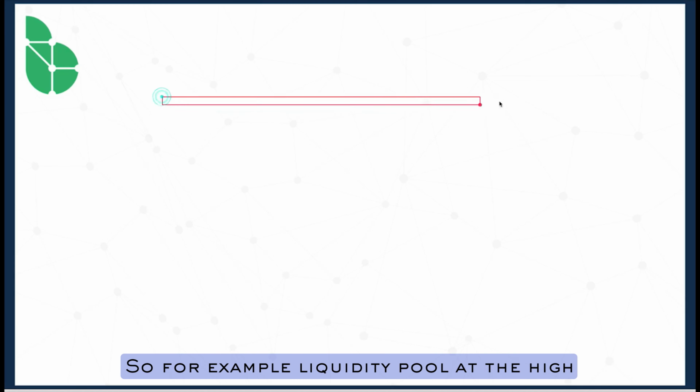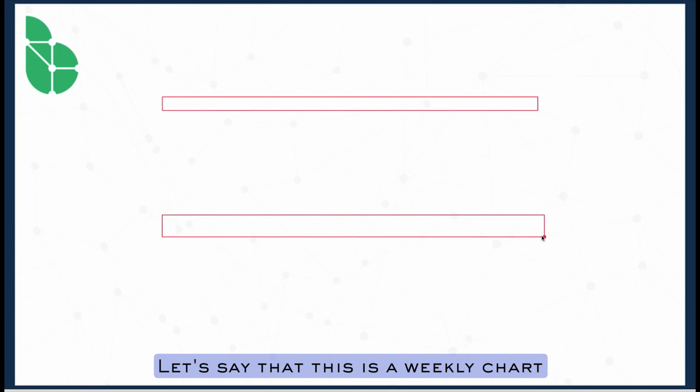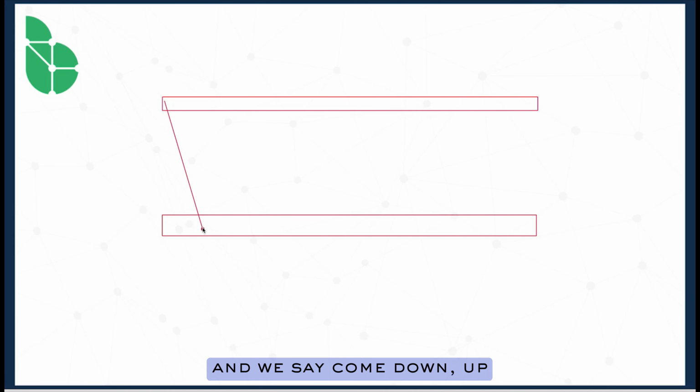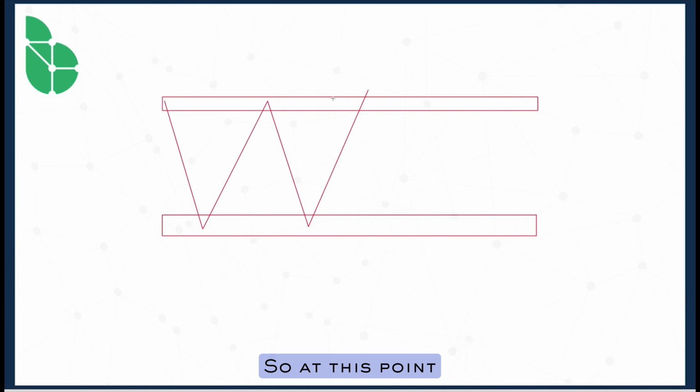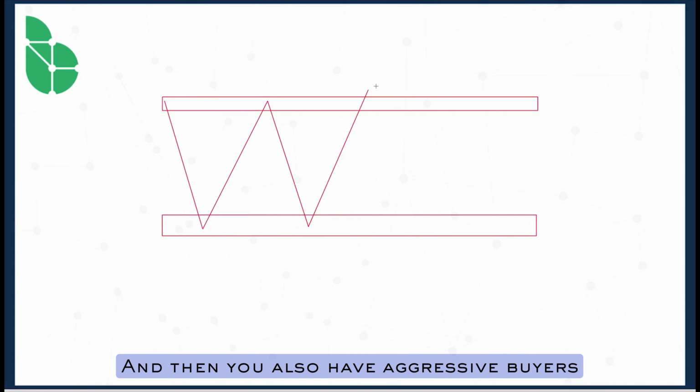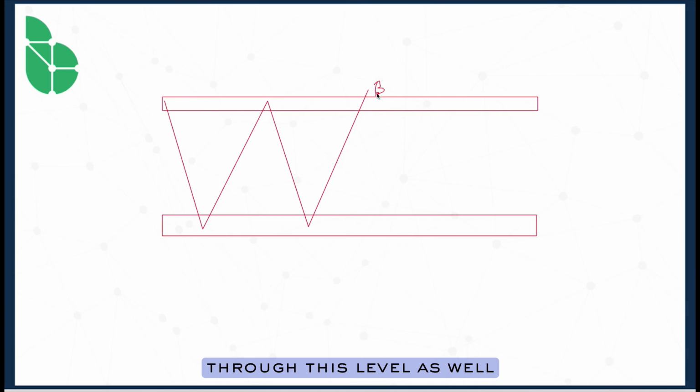The same thing can be said at the highs. So, for example, a liquidity pool at the high. Let's say that this is a weekly chart, and price is approaching through this level. At this point, any shorts are covering, so they're buying, and then you also have aggressive buyers through this level as well. They're looking to take advantage of any breakout.